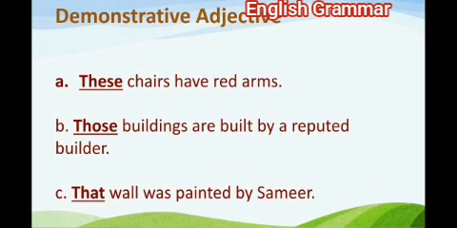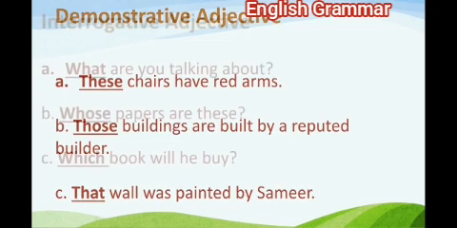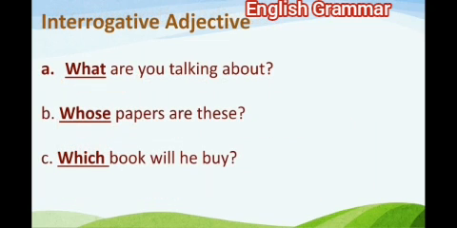The next one we want to talk about is interrogative adjectives. Interrogative adjectives don't stand on their own. We use them to ask questions. Examples are whose, why, how, what, which, and where. These adjectives do not stand on their own.